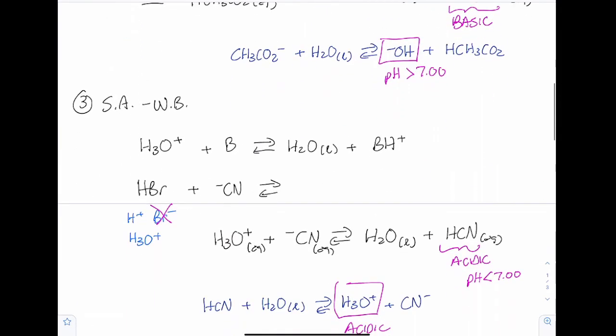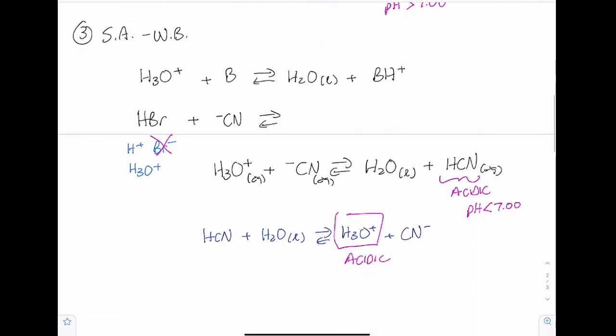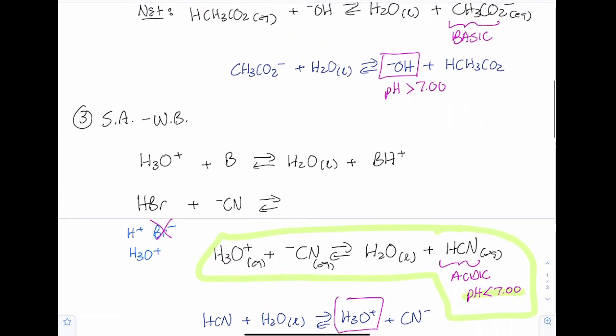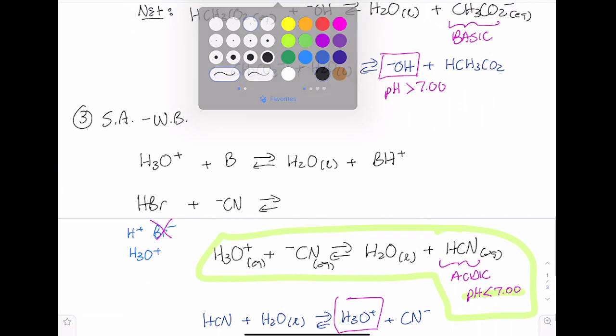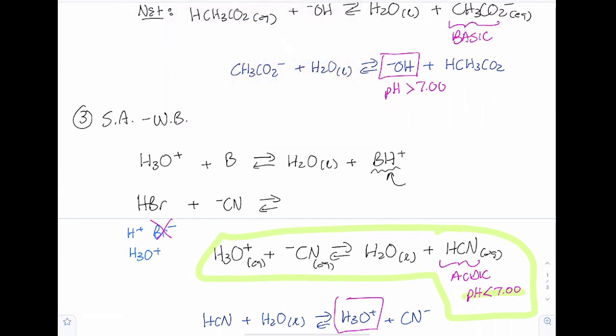For this one, I don't really have the generic version written out all the way, but we'll circle this one here for us. Right, I end up with my conjugate acid being acidic. We could add that up here just for consistency. Acidic, pH less than 7.